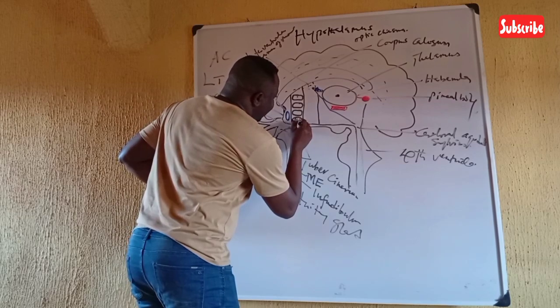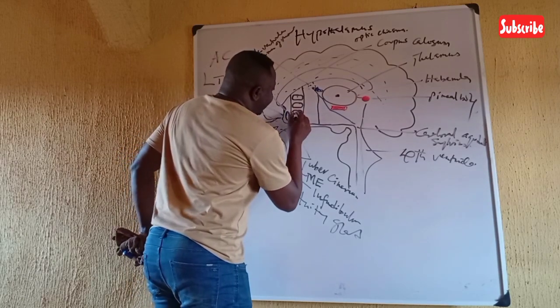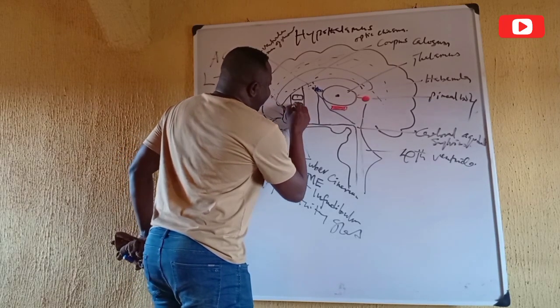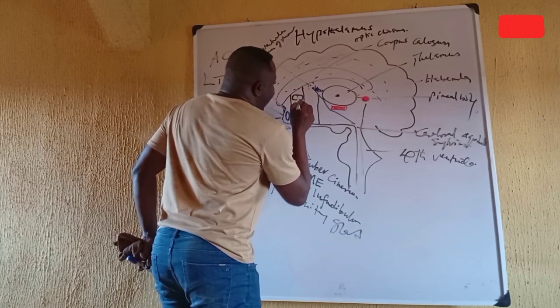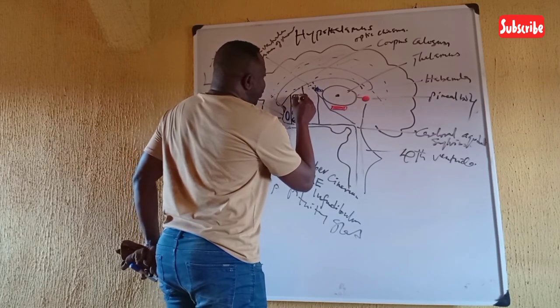This is the suprachiasmatic nucleus, this is the supraoptic nucleus, this is the paraventricular nucleus, and then this is our anterior hypothalamic nucleus.